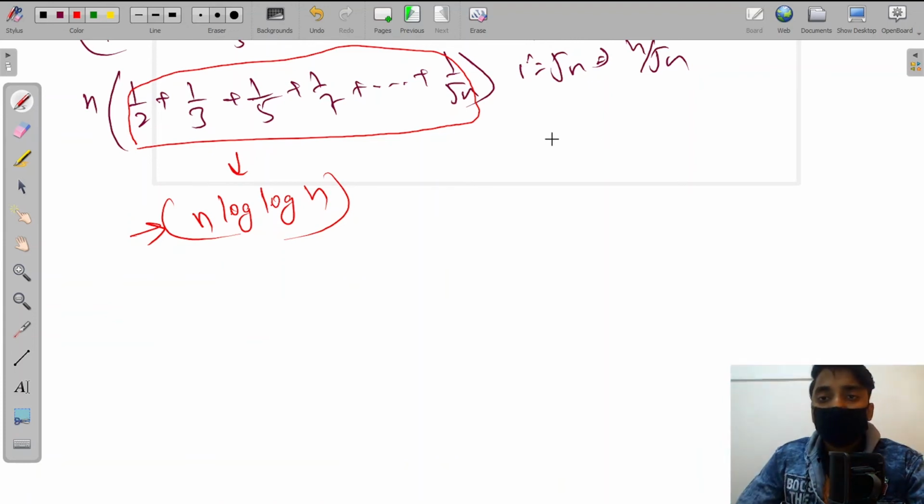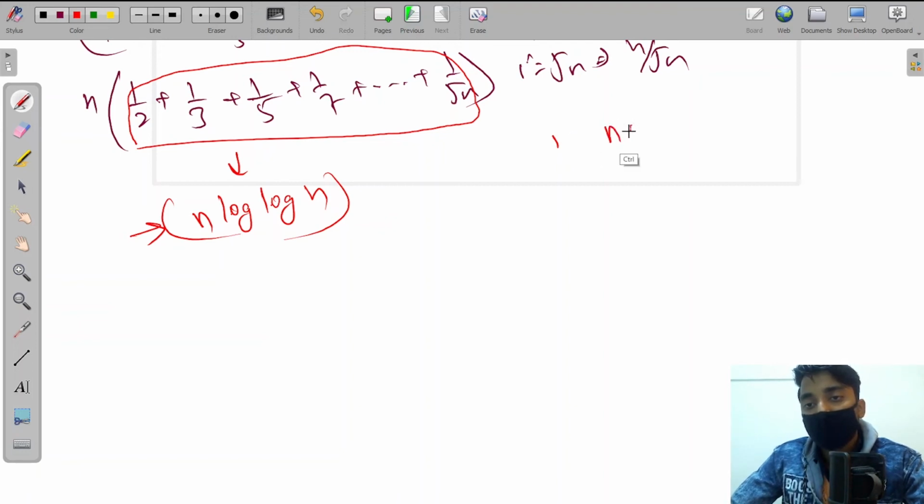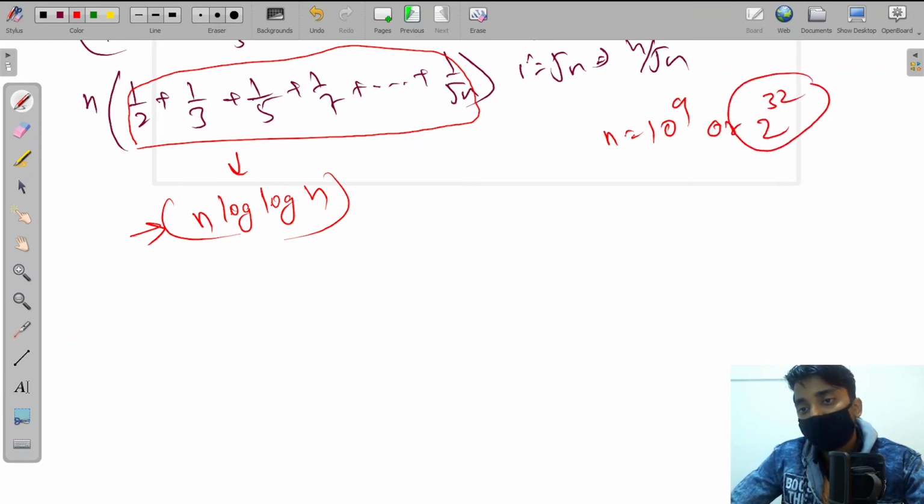Now let's take the range of int. It is the range of int. Let's take n is equal to 10 raised to the power 9, or let's take it 2 raised to the power 32. Here 2 raised to the power 32 is not accurate, but it is in a range near 10 raised to the power 9.